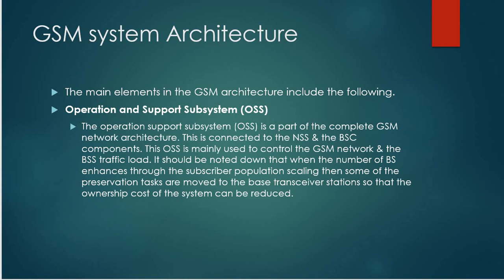So if a large amount of mobile devices communicate with particular towers, maybe a high traffic, then it can slow down the services, the bandwidth and all. So this OSS is monitoring those things, the operation and support subsystem.